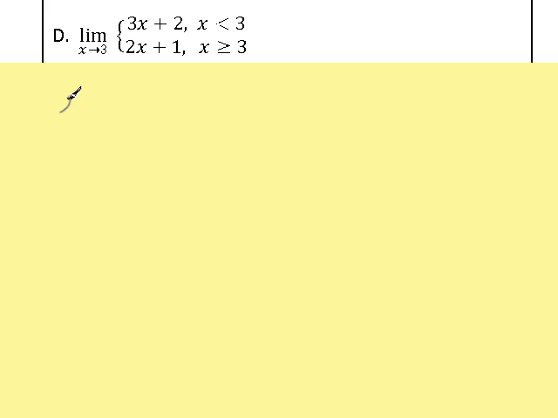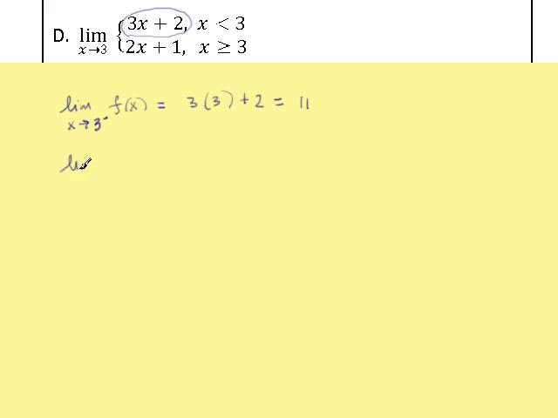So we're going to take first the limit as x goes to 3 from the left of our function, and that would be obtained by simply substituting 3 into this expression. 9 plus 2, so we have 11.